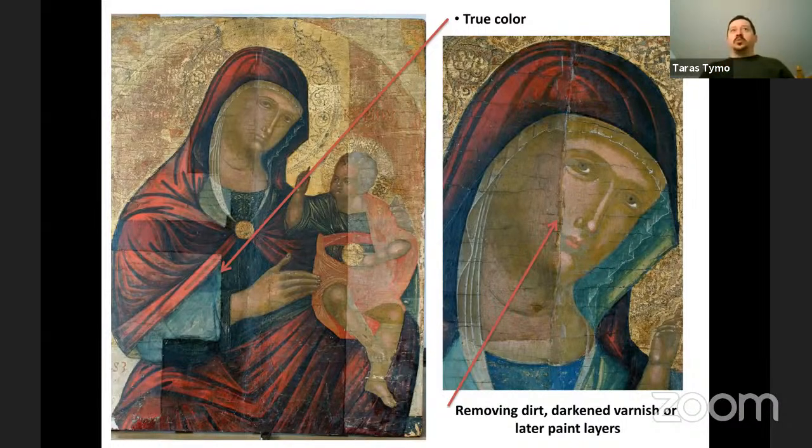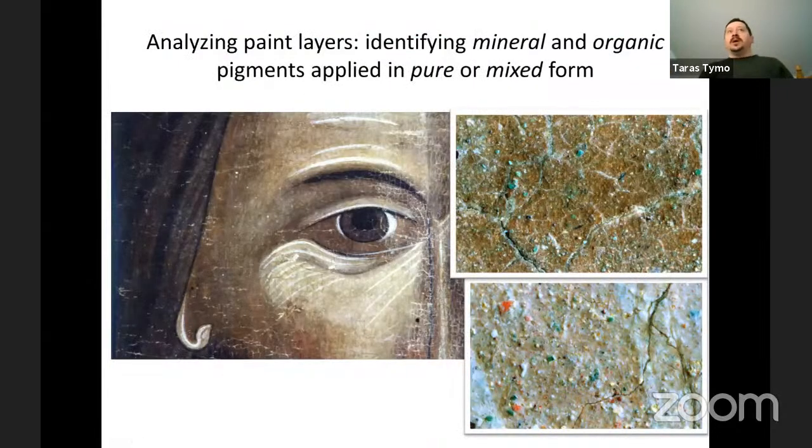Sometimes icons which we see today as green or blue could have been quite different in the original, not so bright green or bright blue, but they became so as a result of chemical reactions over centuries. So true color, removing dirt, removing darkened varnish, and so on helps to know how the icon looked at the beginning.